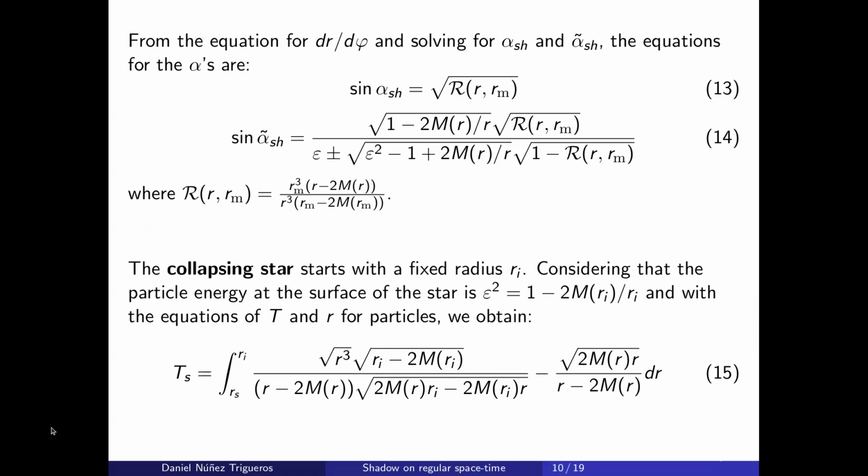And we arrive at 15, where, as you can see, we have the radius of the star and the initial radius of the star. When the radius of the star is equal to the initial radius, this integral makes 0, so the coordinate time of the star becomes 0. What we're saying here is that the collapse will start when the time of the star is equal to 0.